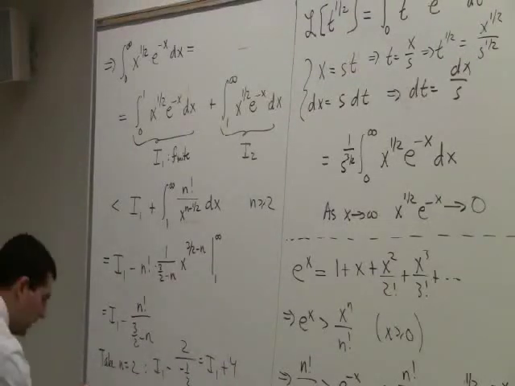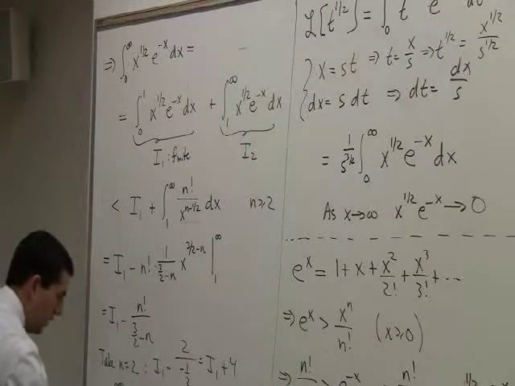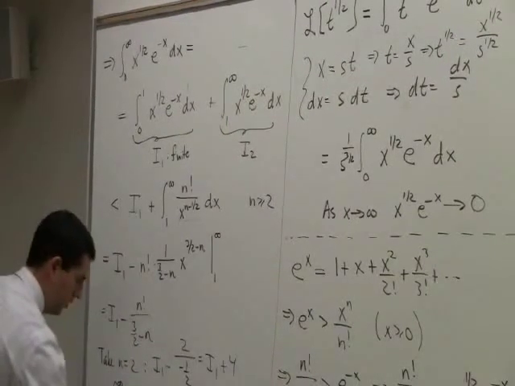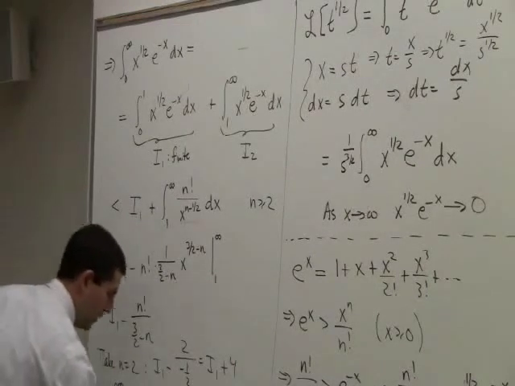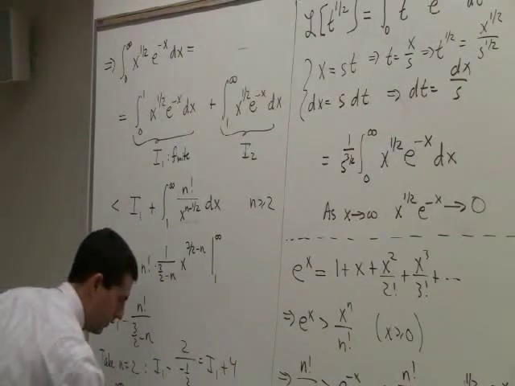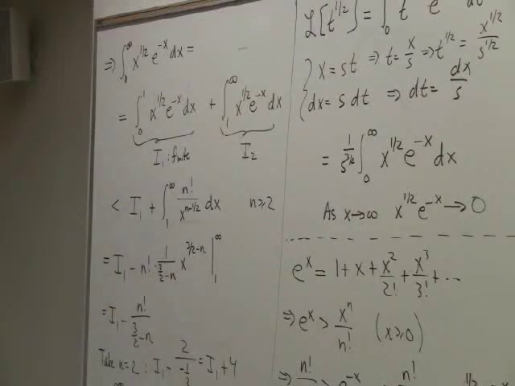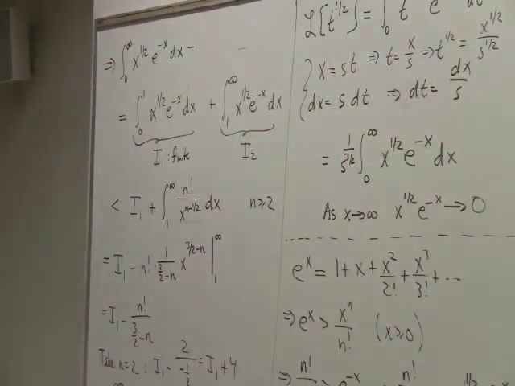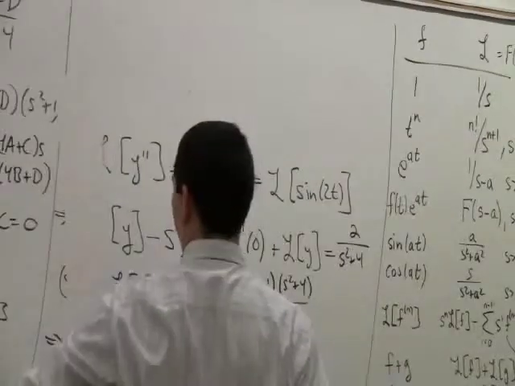So it tells us that the integral from 0 to infinity of x to the 1/2 e to the minus x dx converges. So it converges to something. That's good. Tells us we have a really good chance. We need to find out what this is.